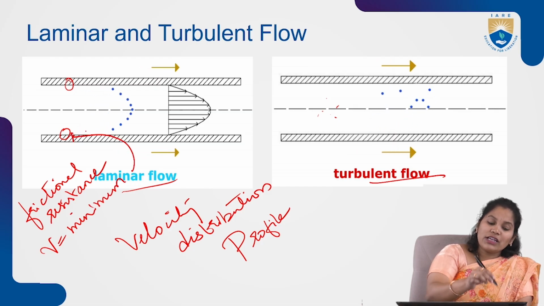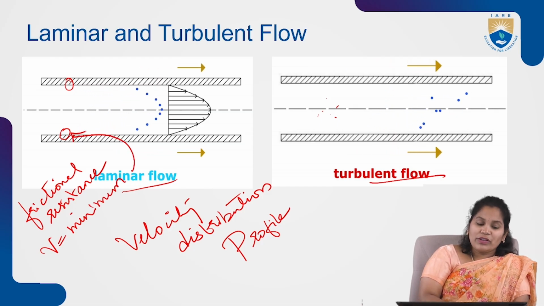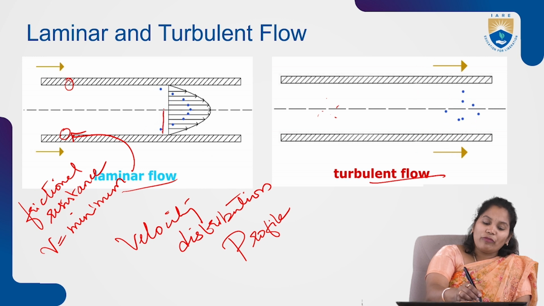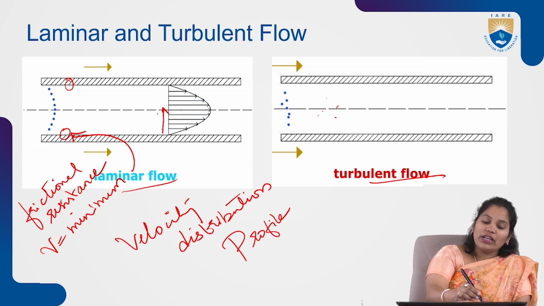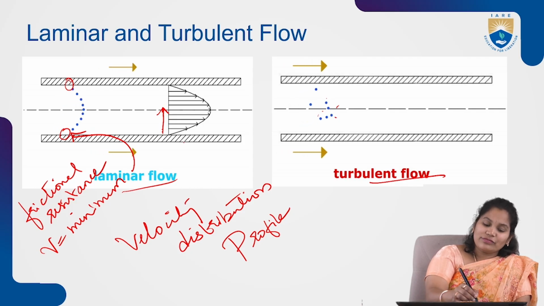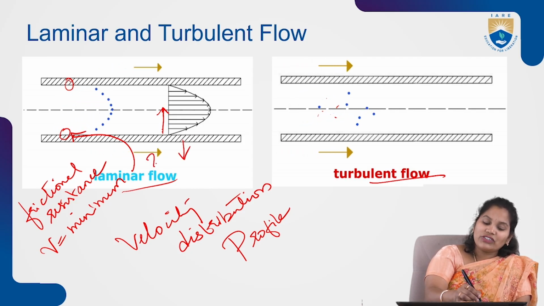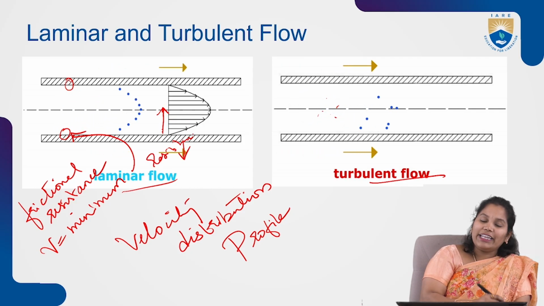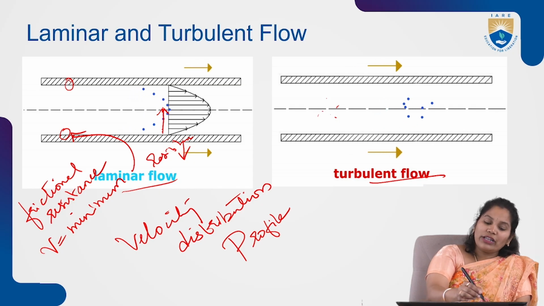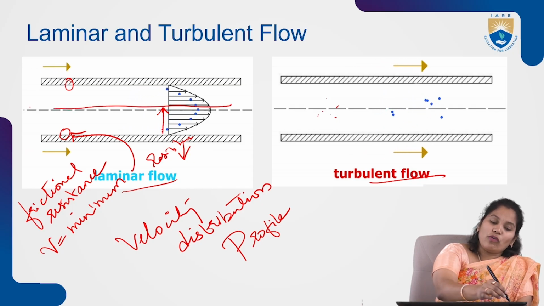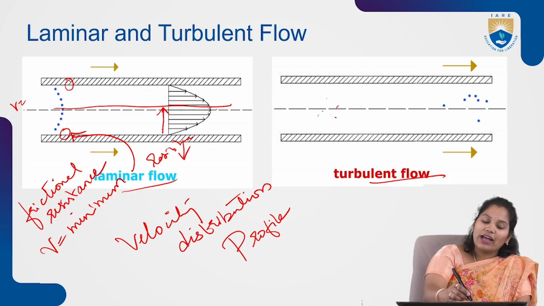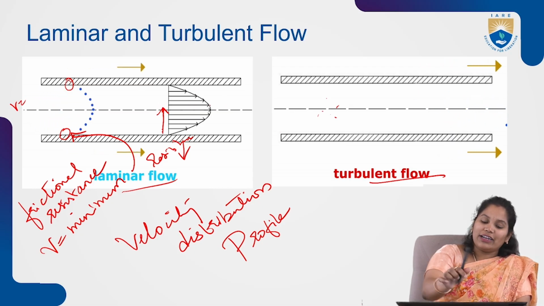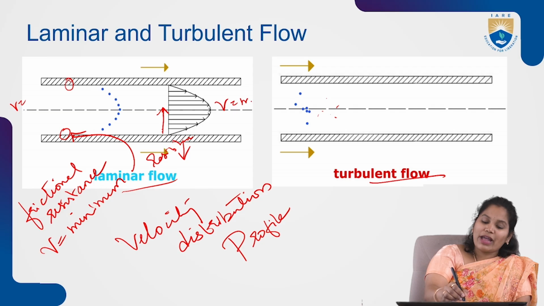As you move upwards, the resistance offered by the boundary decreases. At a certain point, the velocity is maximum. Whatever velocity you give as an inlet, that velocity you see at the center. That is nothing but the maximum velocity.